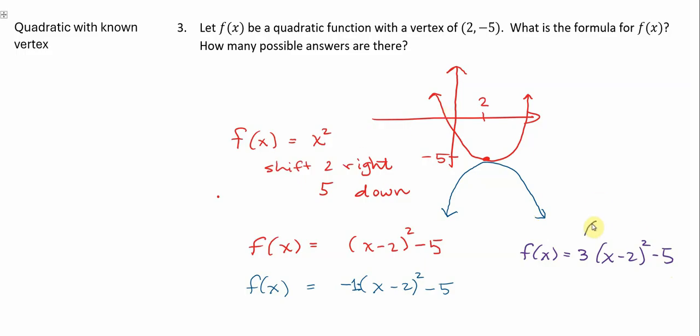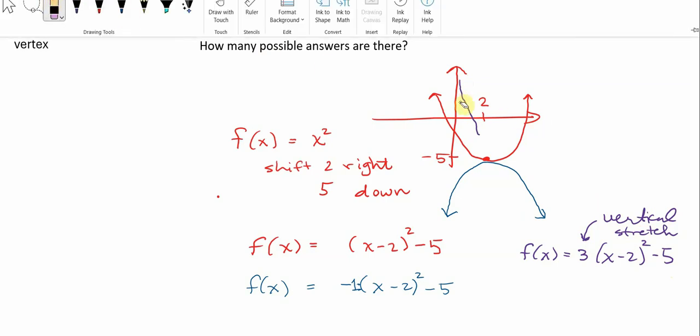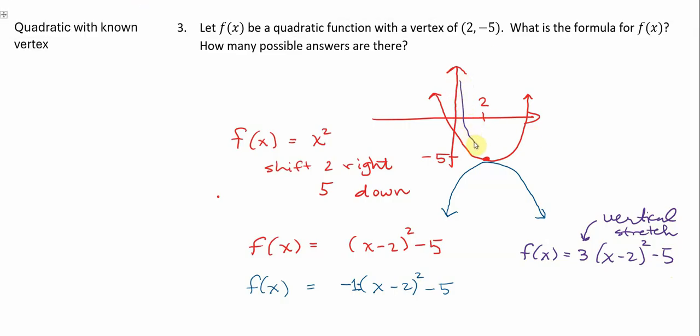Remember, this is a vertical stretch by a factor of 3. So the purple graph that I am going to draw here, better this time, is going to curve, and it's going to come up like this. And it also has a vertex of (2, -5).